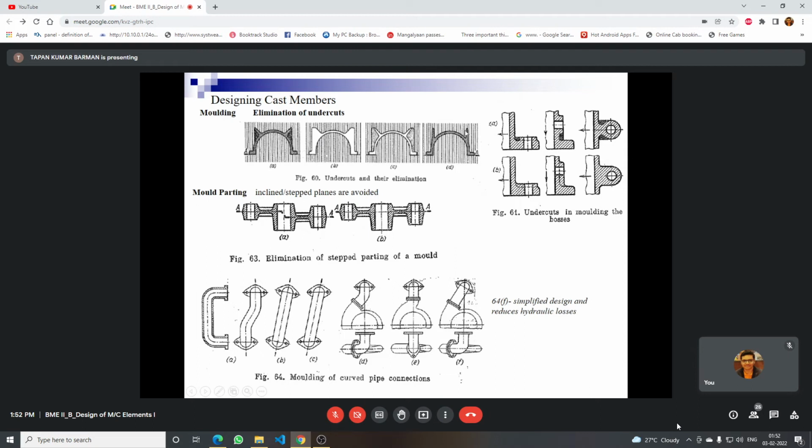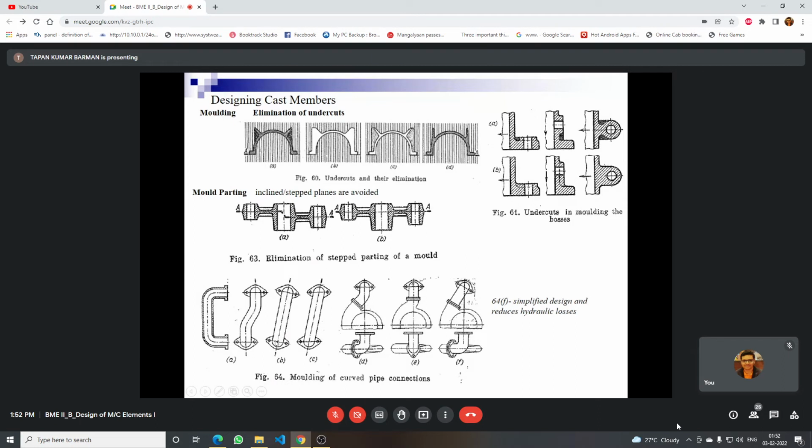Then undercuts are avoided here. You try to simplify the design. You see there are bends. If it is possible to change it, we'll try to simplify the design here.